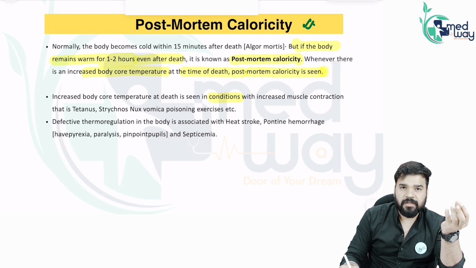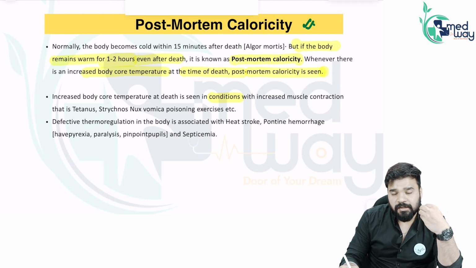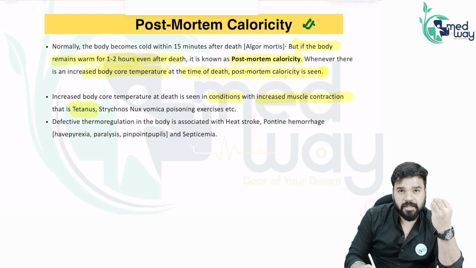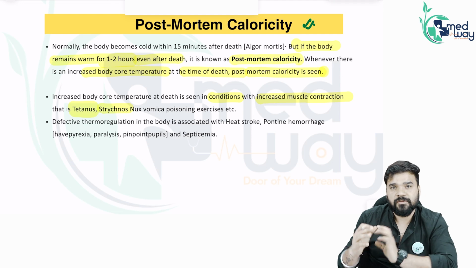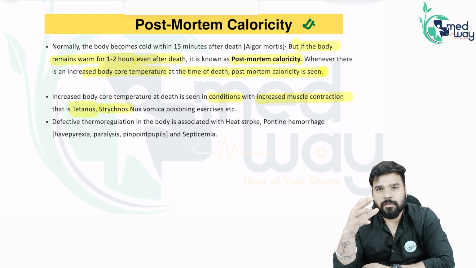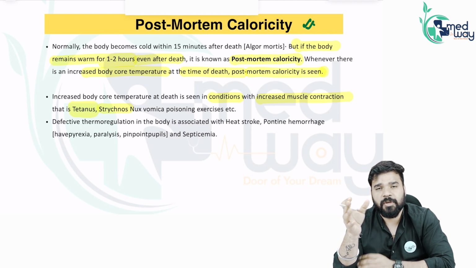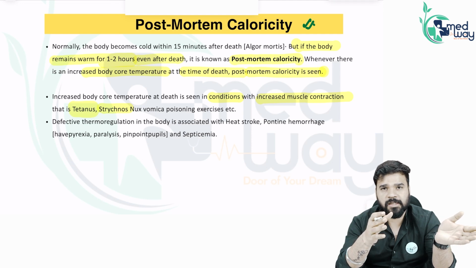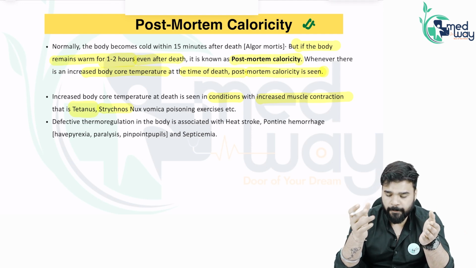So body temperature will increase due to increased muscle contraction, like in tetanus and strychnine. Okay, the two conditions which can cause PM caloricity are tetanus and strychnine poisoning.